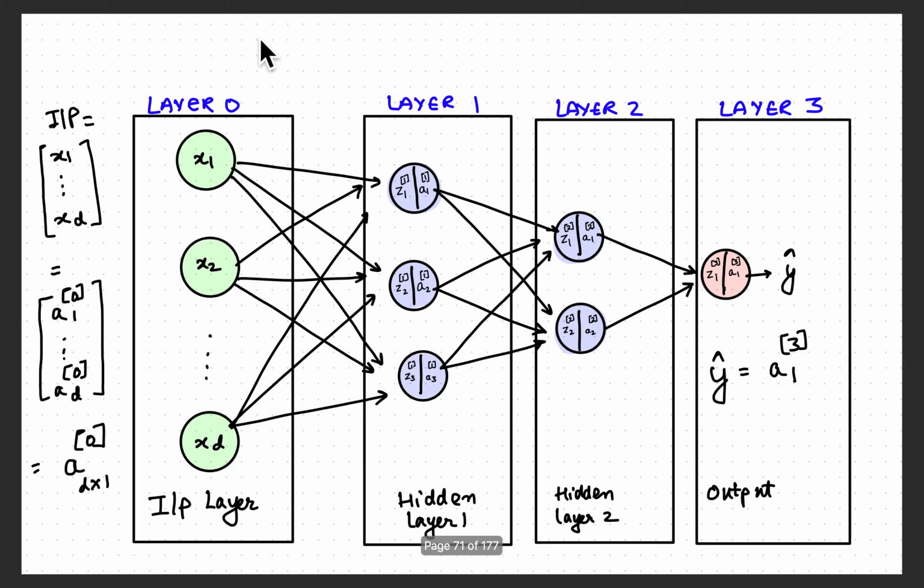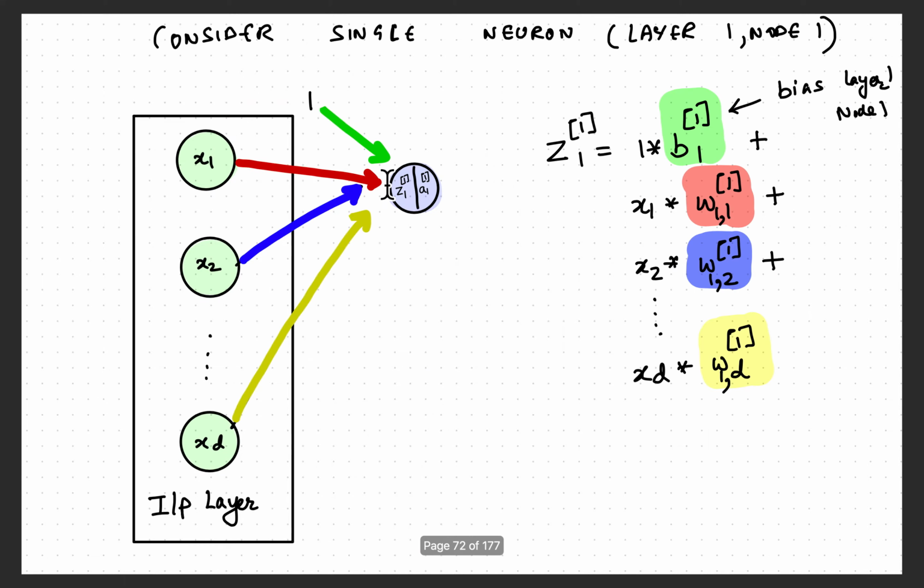From the previous example, I'm just considering the neuron in layer 1, the first neuron over there. If you see, this has inputs from d such nodes in the previous layer, and it has another additional input, which is the bias term, right?